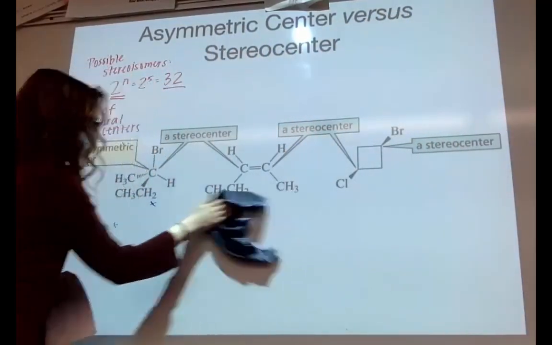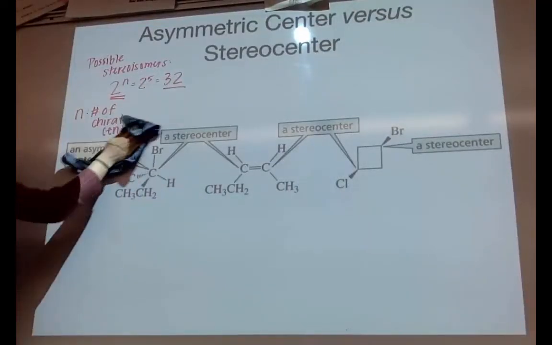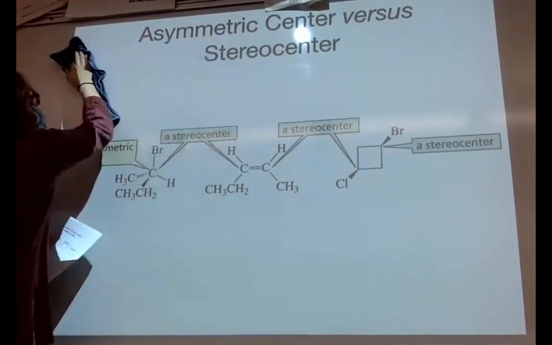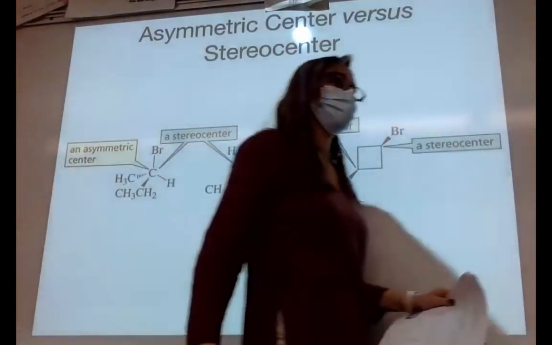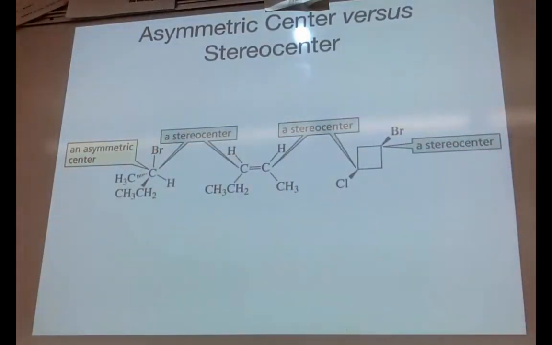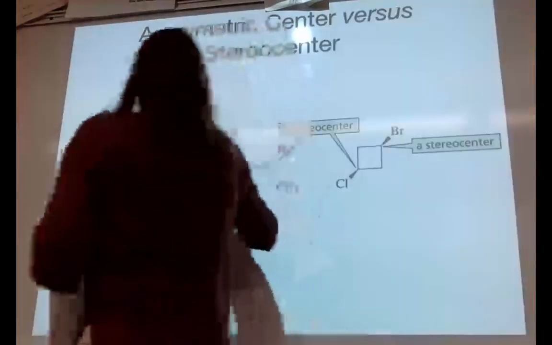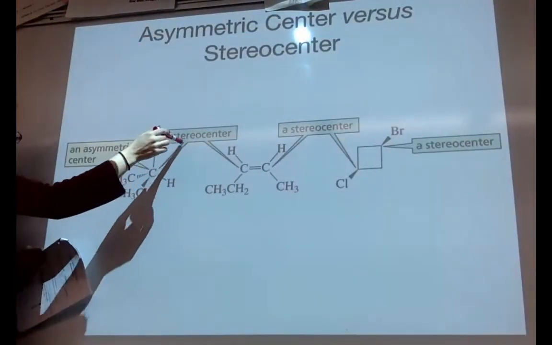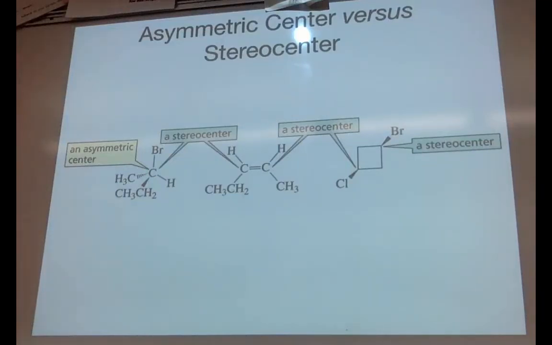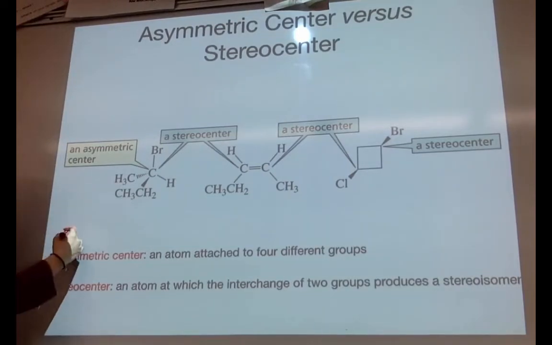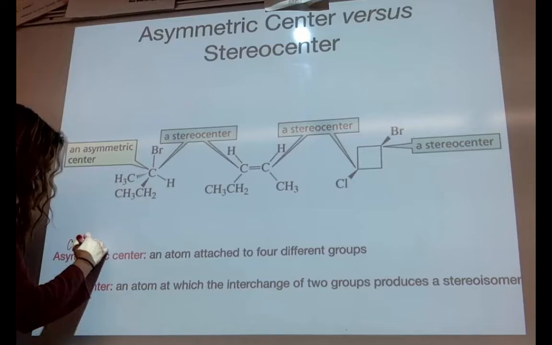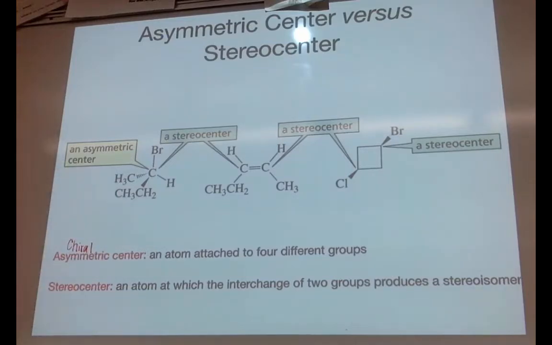Now the difference between a chiral center and a stereocenter: all chiral centers are stereocenters, but not all stereocenters are chiral centers. An asymmetric center, a chiral center, is an atom that's attached to 4 different groups.